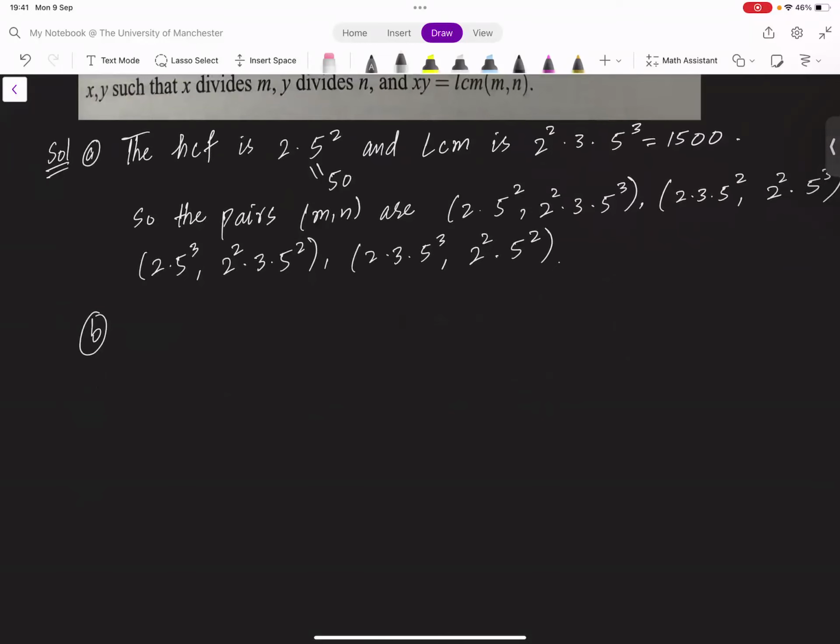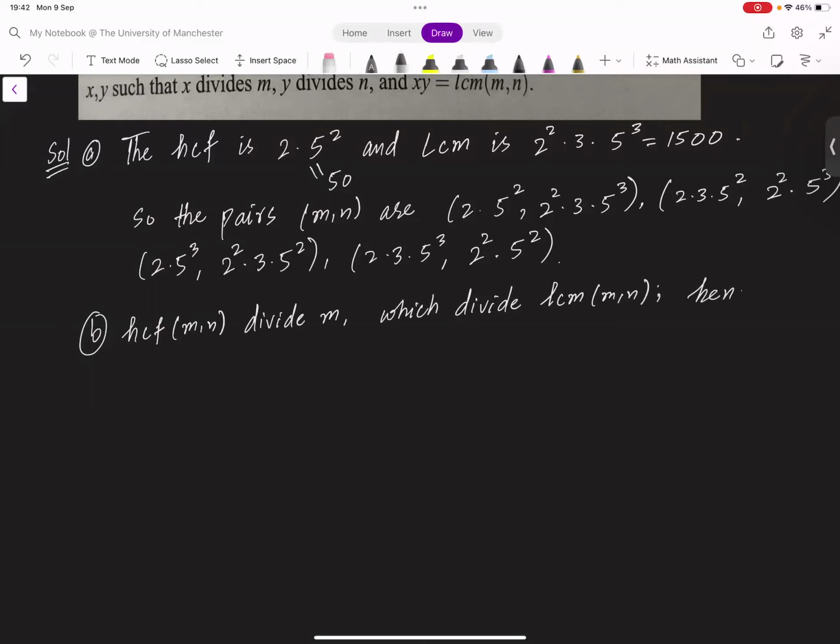So HCF of m comma n divides m, which divides LCM of m comma n.